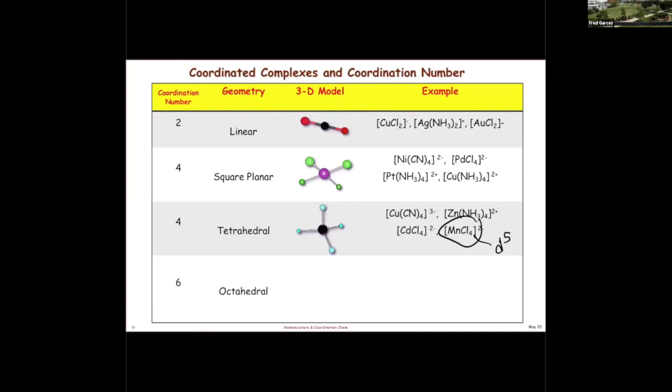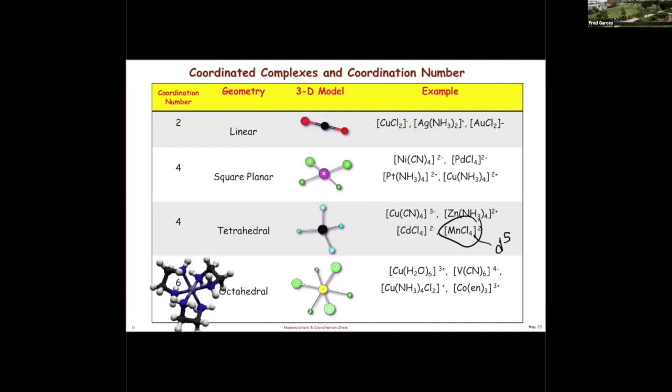Okay, so that was an example. So you should be able to do that based on the formula. You should be able to figure out what the oxidation state of the transition metal happens to be. And you should be able to tell me how many electrons in the d orbital. Here's another compound that's octahedral. Okay, it looks very complicated, but if you look around that central atom right there, you will see that it has 6 bonds, and it's arranged in an octahedral type of style.